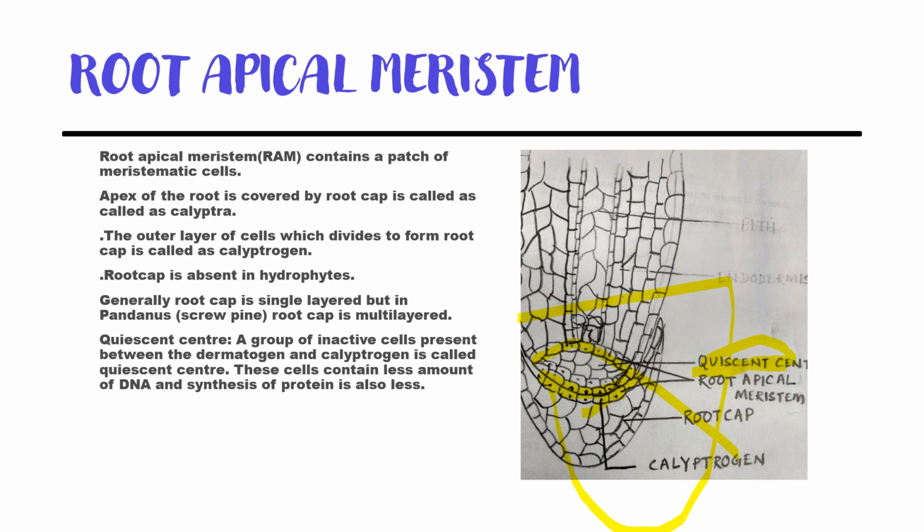So all land plants contain a root cap, but the hydrophytes do not contain any root cap. In one plant called Pandanus, or screw pine, the root cap is multi-layered.